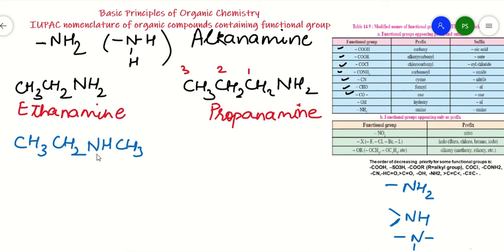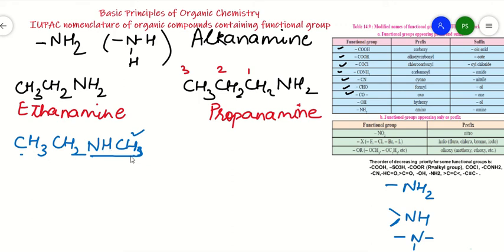If you see carefully, NH2 was the original group and one hydrogen is replaced by this alkyl group. So how do we write the name of this alkyl group, plus the suffix, to name the compound?